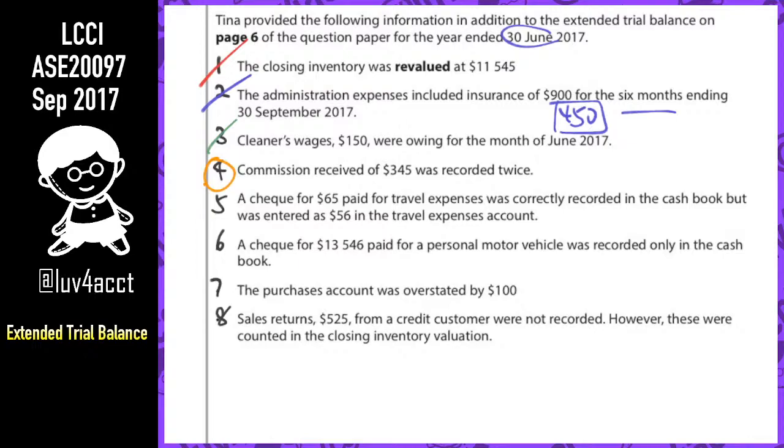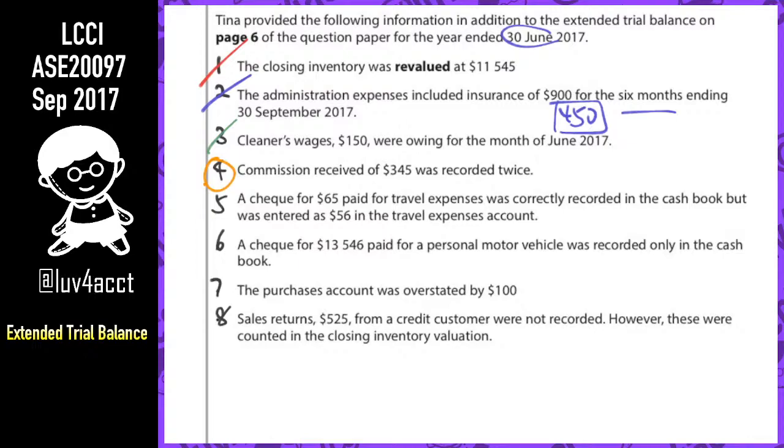Next item, we have item 5: a cheque for 65 paid for travel expenses was correctly recorded in the cash book but was entered as 56 in the travel expenses account.